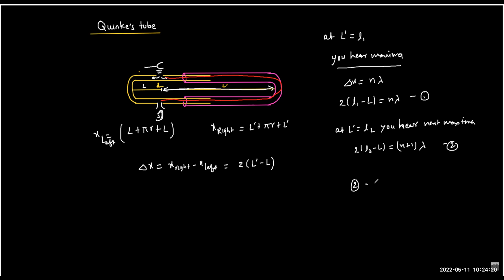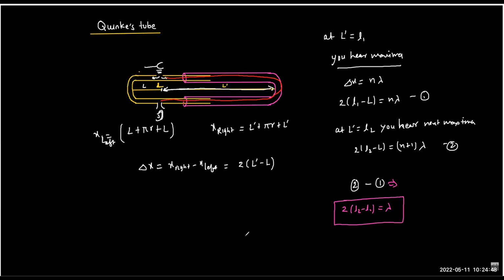you can easily find the lambda. So equation 2 minus 1 implies 2 times L2 minus L1 is lambda. So if you know the L dash value at two successive maxima as L1 and L2, then you can easily calculate the lambda of the wave.